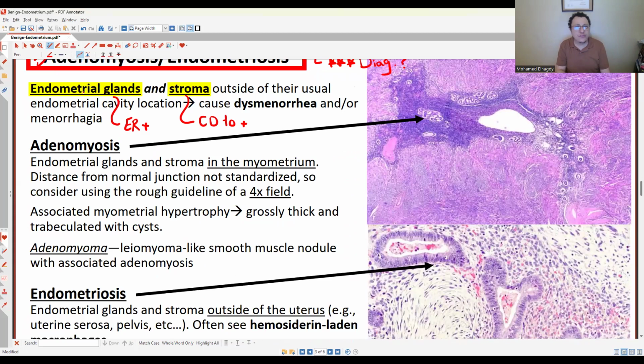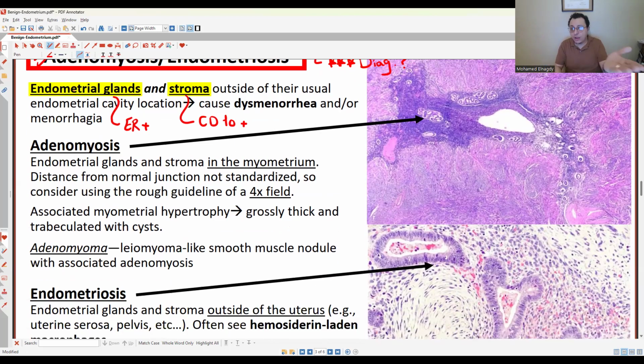Adenomyosis, endometriosis, very easy diagnosis. One of the classic pictures that you will see in your boards and in all the Q banks, three stars diagnosis and easy diagnosis, honestly. Adenomyosis is much easier to diagnose because they will tell you that this is an area of myometrium, and they will give you this picture.